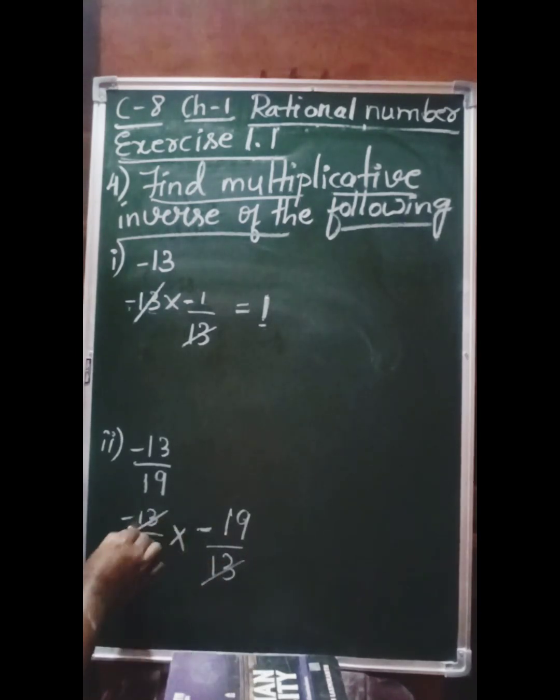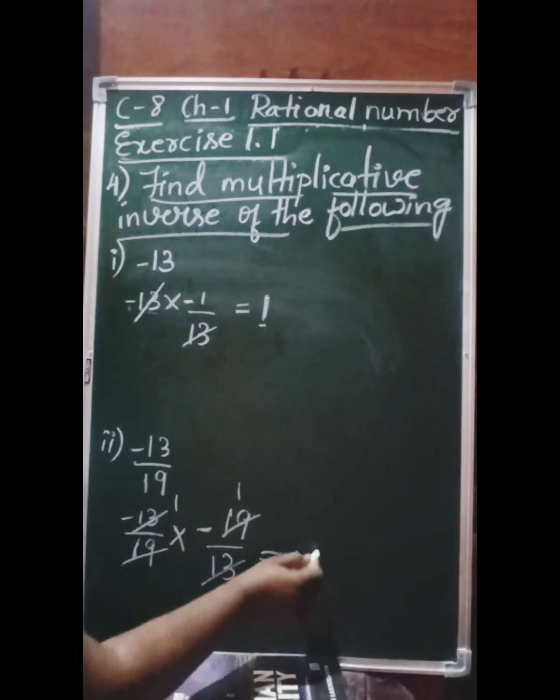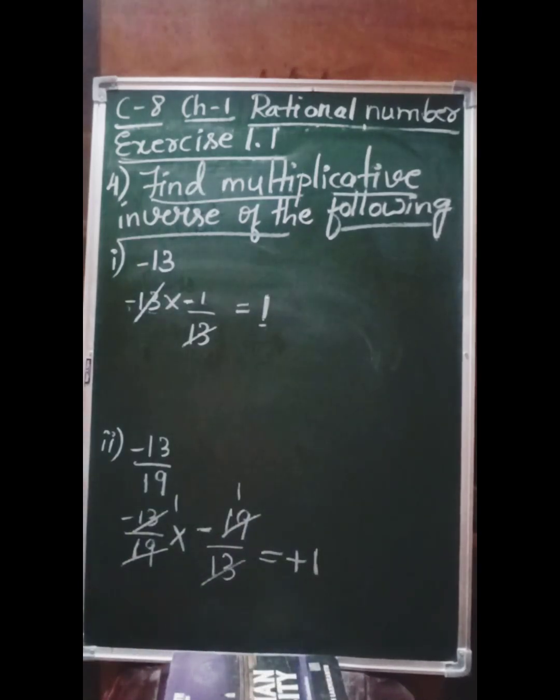So 13 gets cancelled, it gives 1. 19 gets cancelled, it gives 1. Minus into minus is plus, 1 into 1 is 1. So the product will be plus 1 only. So minus 19 by 13 is the multiplicative inverse of minus 13 by 19.